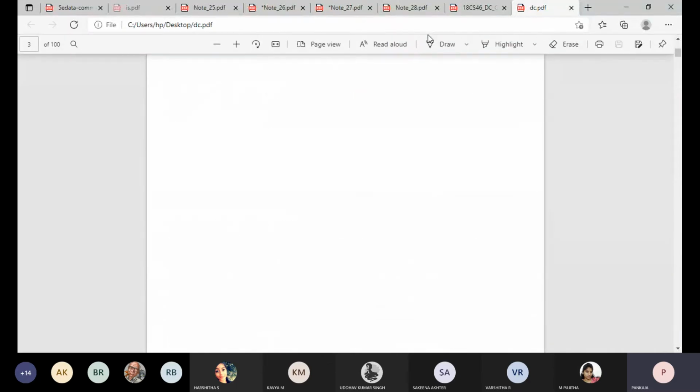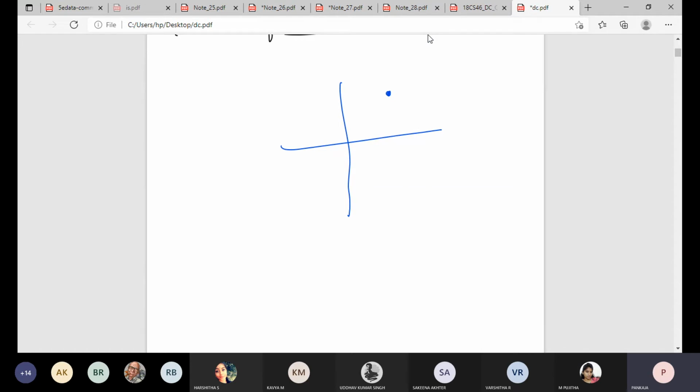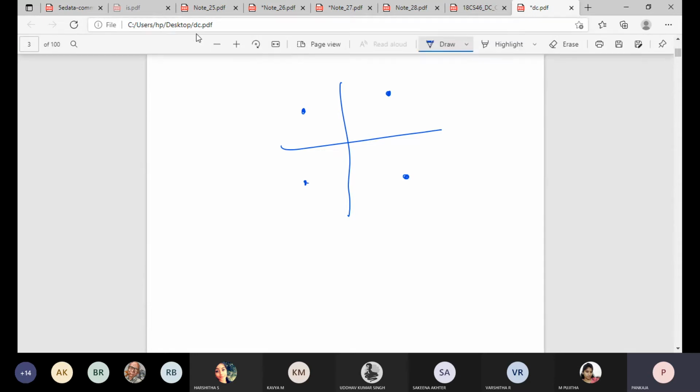So just write the quadrature axis. If I represent a dot here, this indicates a signal element. If you put dots in different phases and different amplitudes, it is called a constellation diagram.